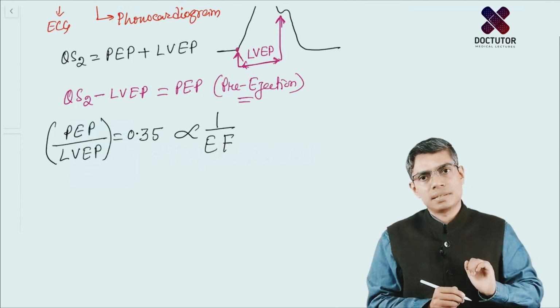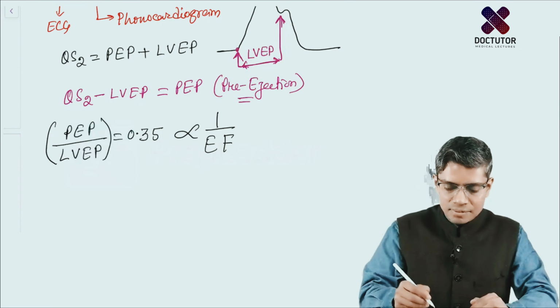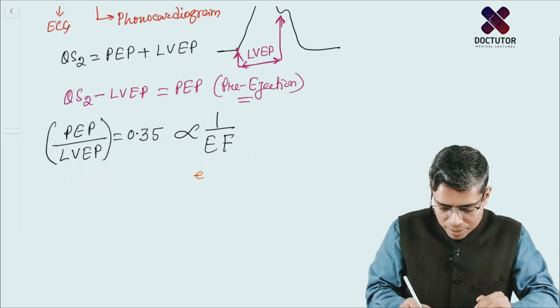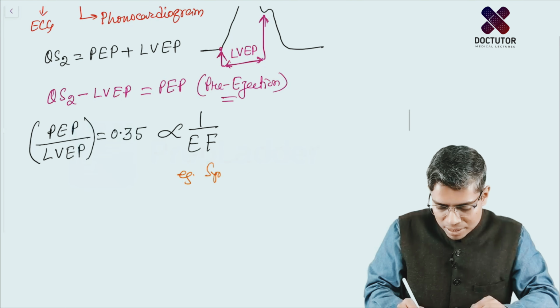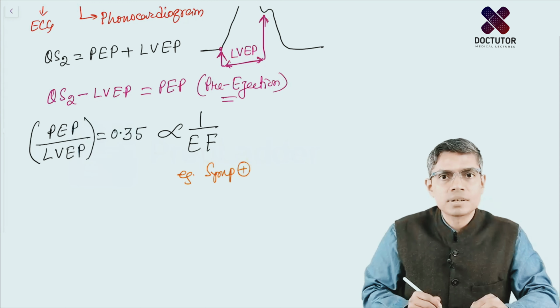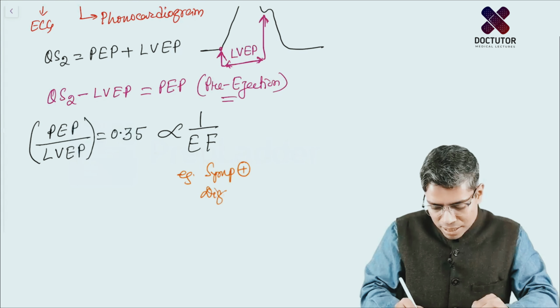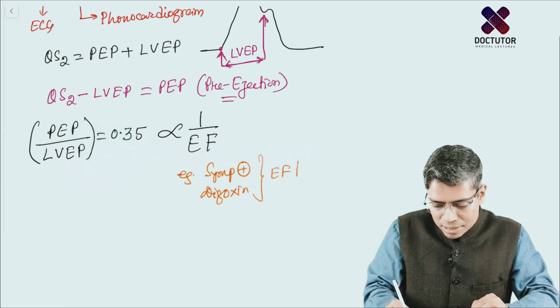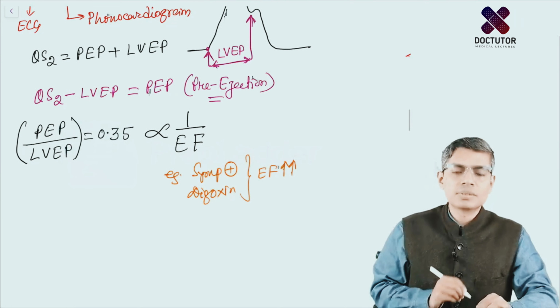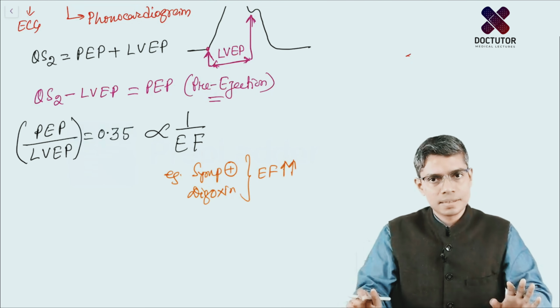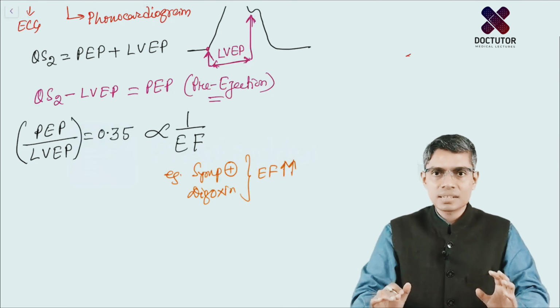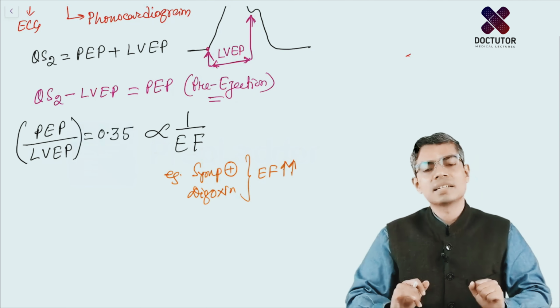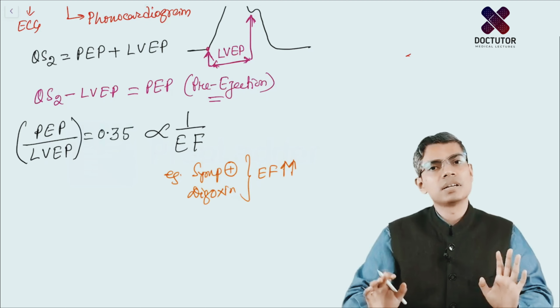The ratio will decrease. For example, if you stimulate the sympathetic system, your ejection fraction will rise. If you give a drug like digoxin, your ejection fraction will rise. Whenever your ejection fraction is rising, the ratio will decrease. This has been asked in MCQs, particularly the assertion-reason type of MCQ, so that way you have to look at it.